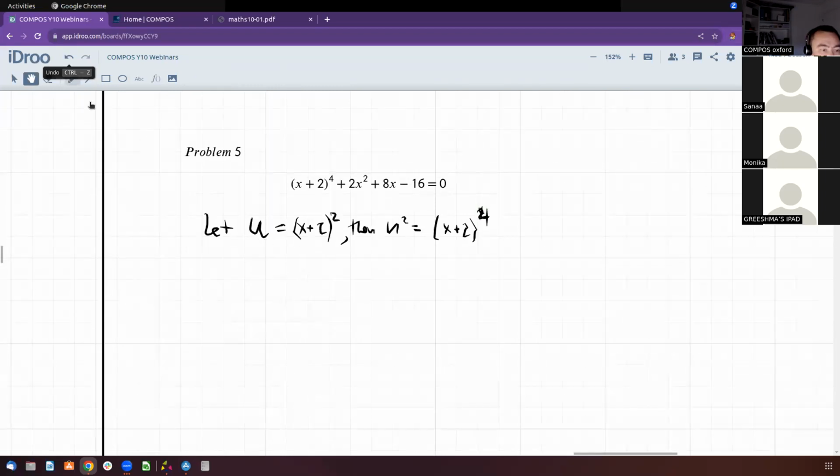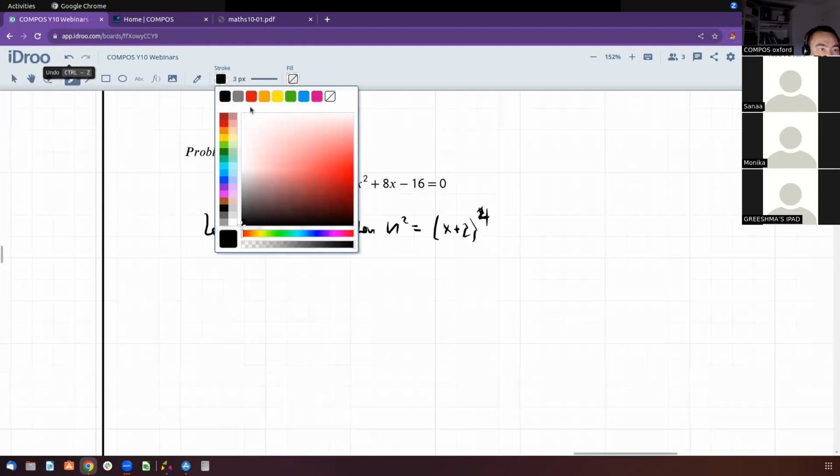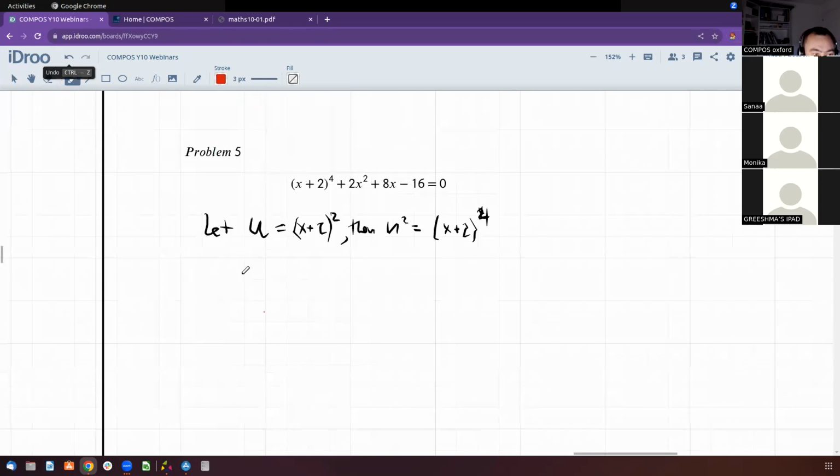Completing the square. So 2x squared plus 8x minus 16 is equal to 2, open bracket, x squared plus 4x minus 8.